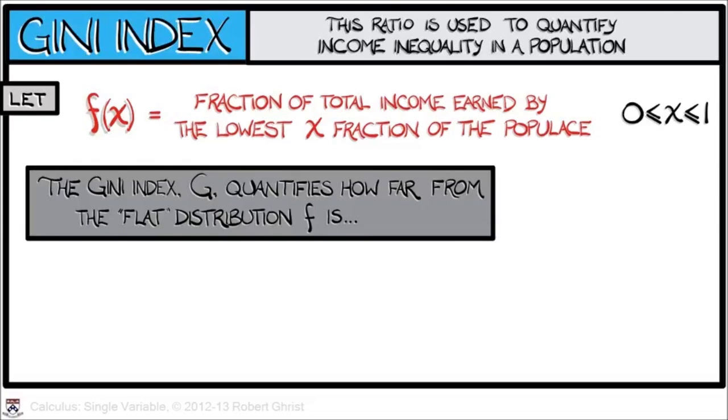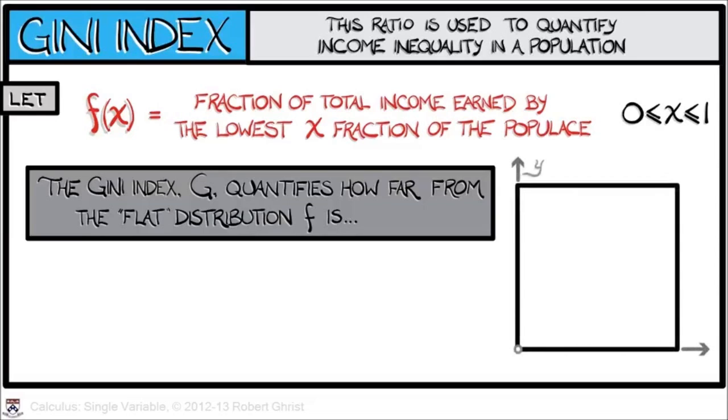The Gini index, denoted G, quantifies how far from a flat or even distribution the income is. What do I mean by that? Well, consider what this function f looks like. It tells you how much of the net income is being earned by what fraction of the population.